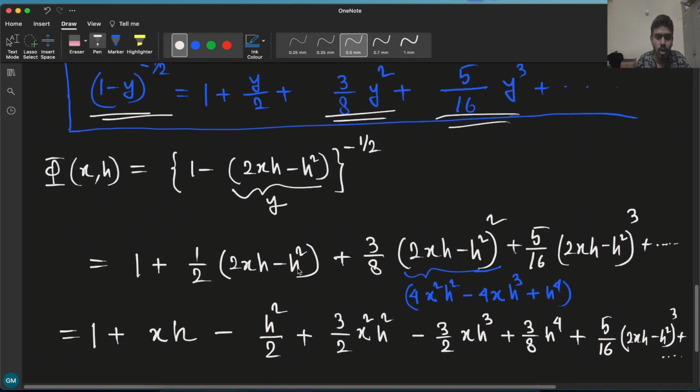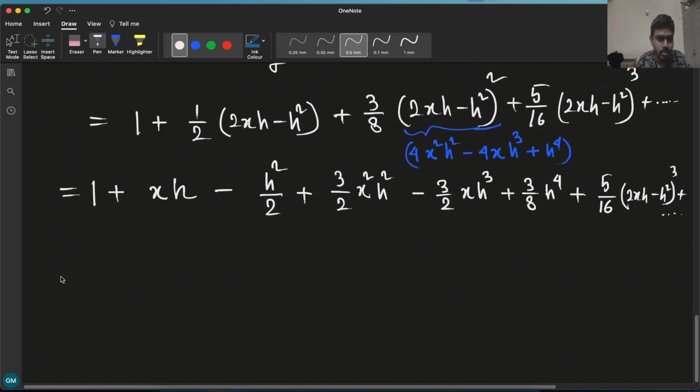So now what you are expecting, how we can generate the Legendre polynomials, is by writing it like this in a power series of h. So in that case I will first write the constant term, which is 1, then those terms which are linear in h, where h has a power of 1, that means there is only one such term, that is this one.